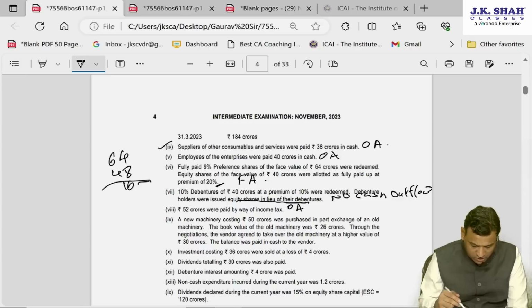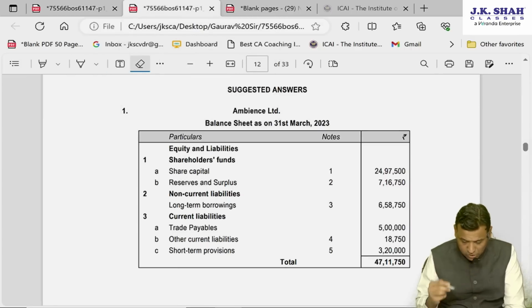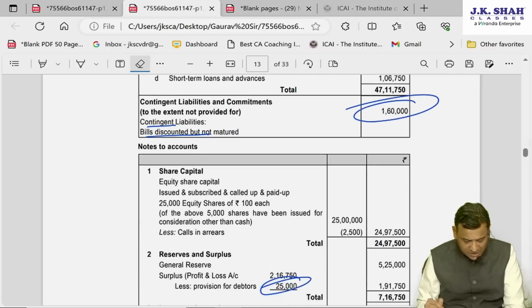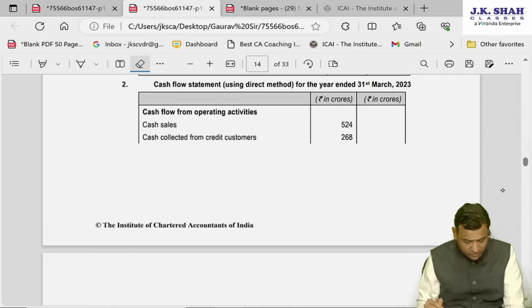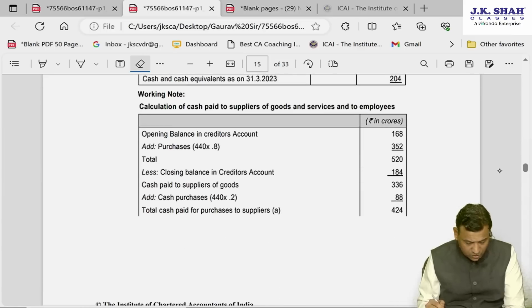Friends, before I go to the other part, let me just verify our answers so that you can also simultaneously verify. You will have your RTP with you, so things become easier.